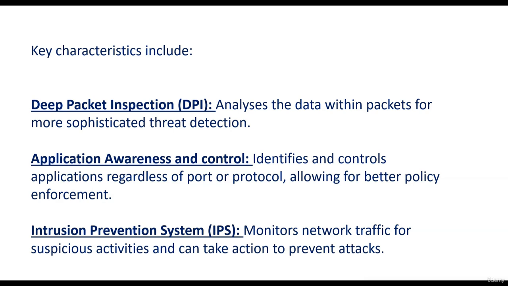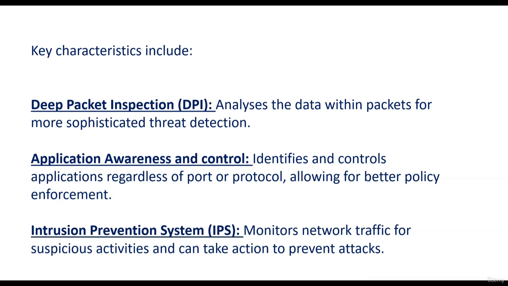See, the legacy firewall only works up to layer 3 and 4, right? But here it analyzes the data within a packet also, to understand whether there is any threat passing in that packet. All right, fine. Application awareness and control is also very important.